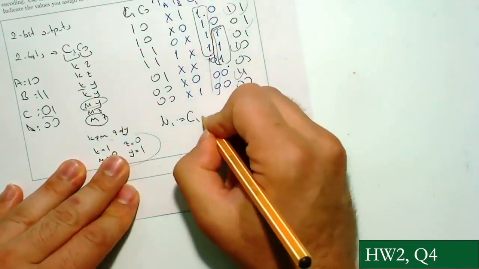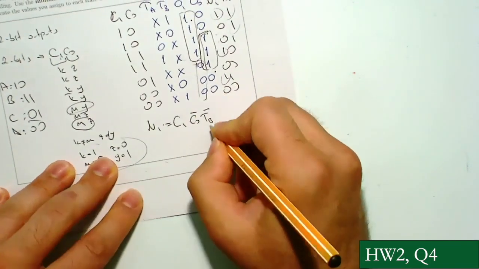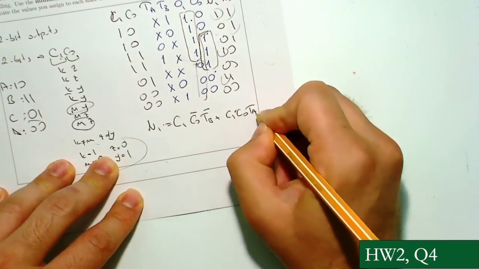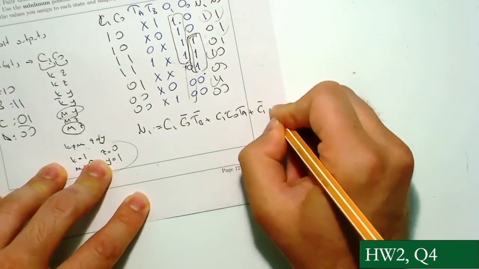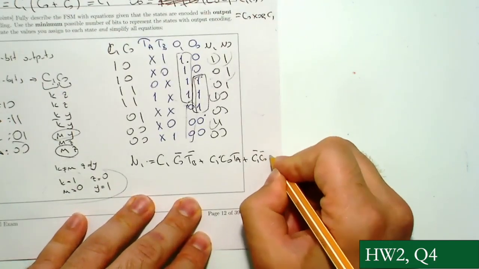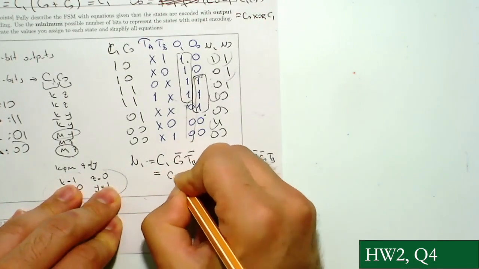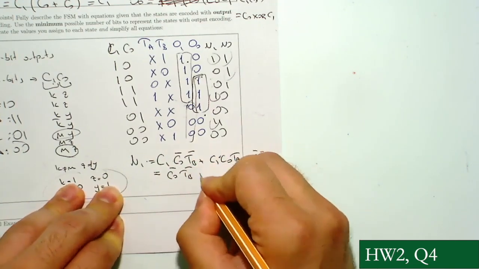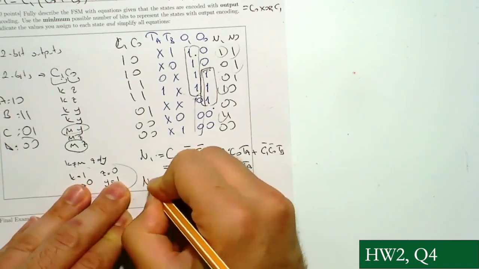So this will be C1, C0 not, TB not, or C1, C0, TA, and C1 not, C0 not, and TB, and this will be simplified as C0, TB not, or C1, C0, TA.